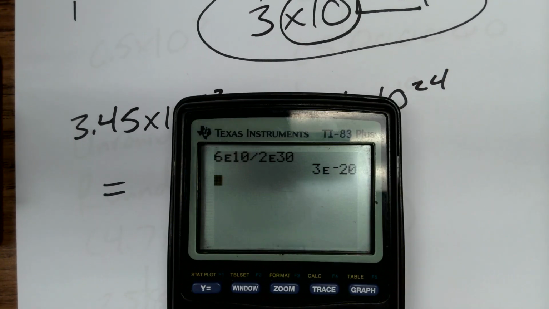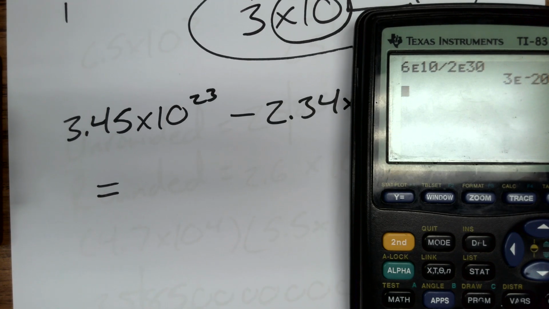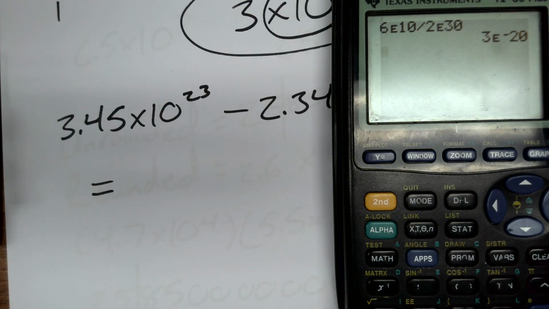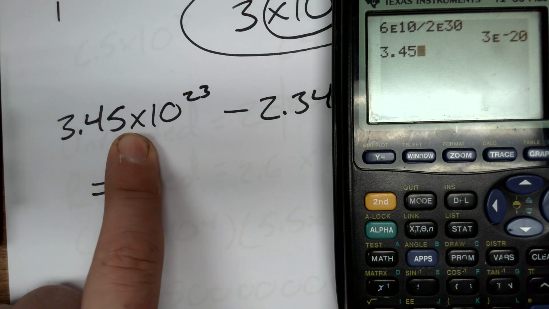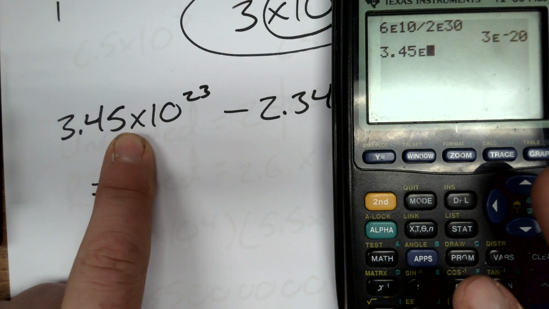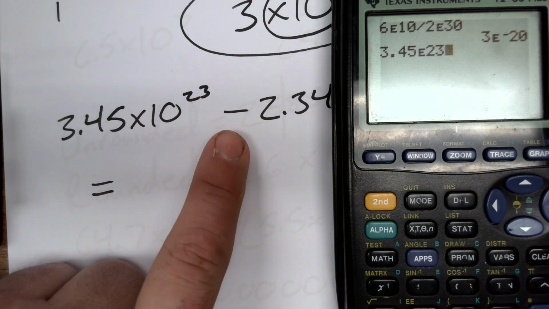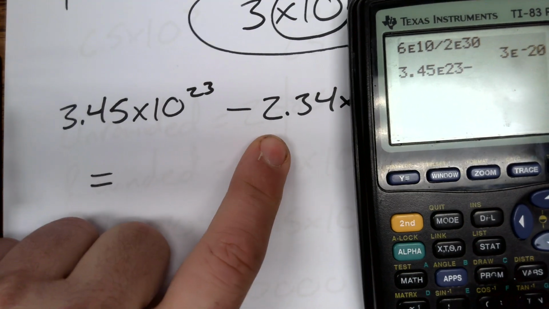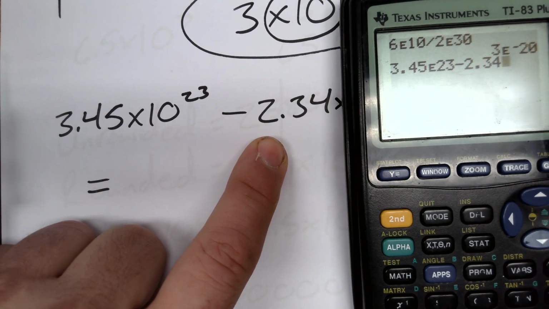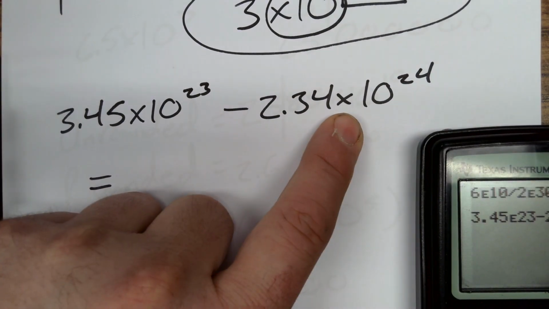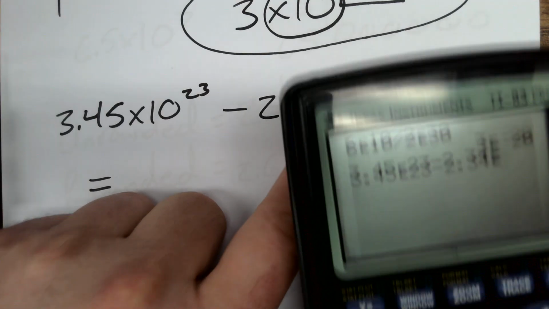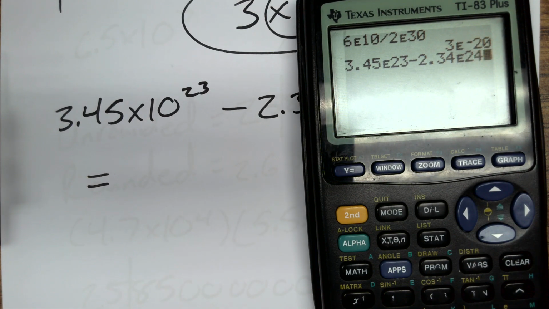So I turn on my calculator. First thing I do, 3.45 times 10, second E, 3, minus 2.34, second E, 24.